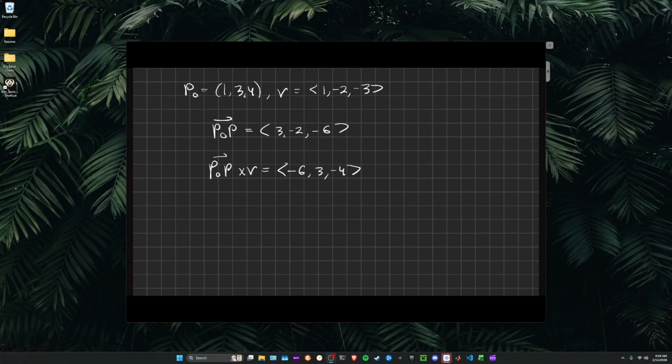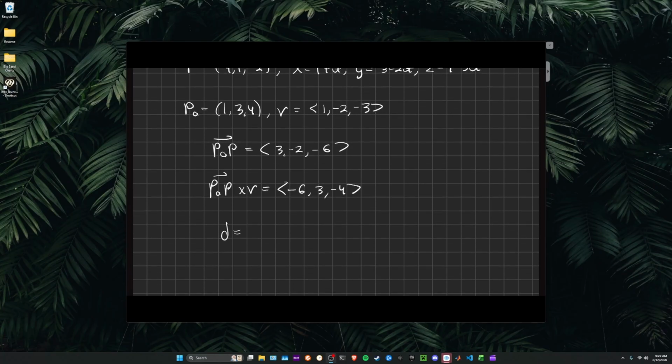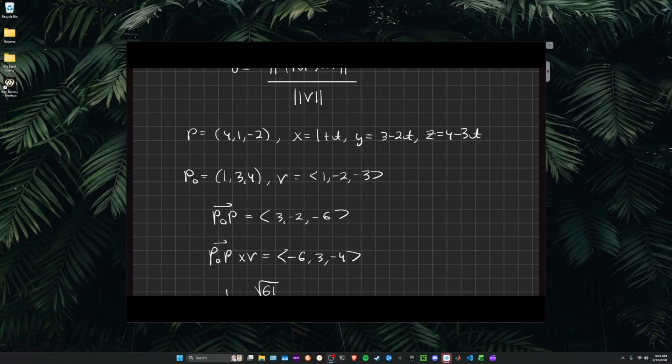But the main calculation we want is this distance d. So the norm of that segment crossed with V would be given by square root of 61. So we're looking at taking that vector (-6, 3, -4) and just taking the square root of the sum of the square of all the components.